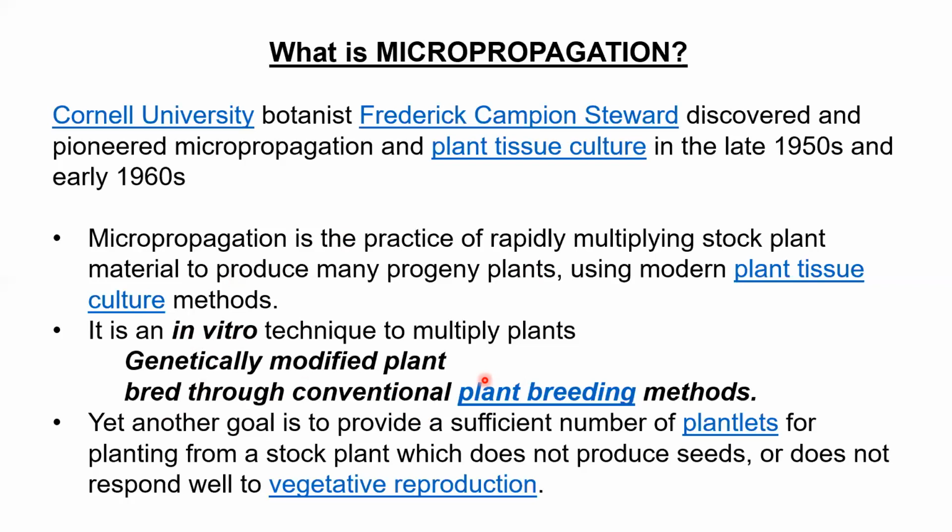Micropropagation can help you a great deal in this sense, because it's relatively faster. And when you have genetically modified plants, you want to produce more plants because the important gene is already incorporated into a plant. Micropropagation in this case is really the technique that you're looking for, because of rapidly multiplying stock plant material.